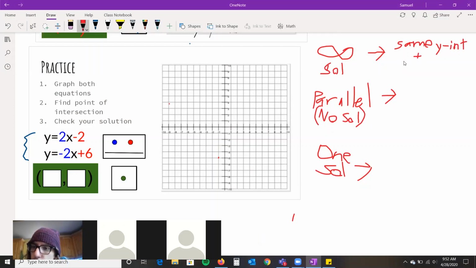And same slope. Okay. If they're parallel, same slope. Different y-intercept.